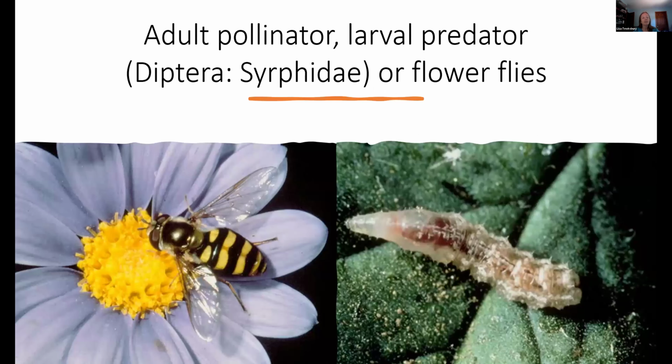So other predators that are naturally existing, this flower fly or syrphid fly looks a bit like a bee, looks like a pollinator. And it is a pollinator, but it's a fly. It only has one pair of wings. And it feeds on nectar as an adult, but that little wormy maggot is a really, really voracious predator of aphids and other small pest insects like that.